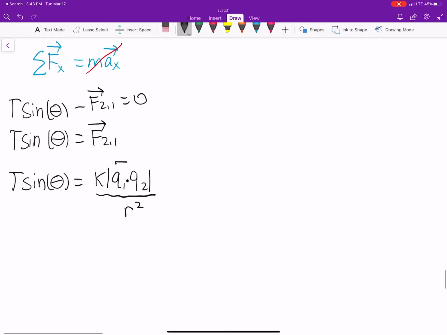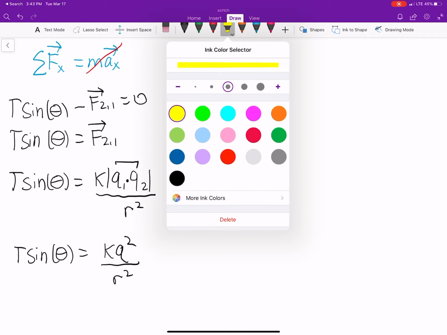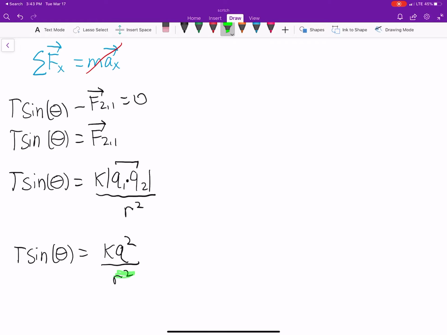Well, they both have the same charge, and they're both positive, so the absolute value is not necessary. A number times that same number is just that number squared. Now, what about r squared?